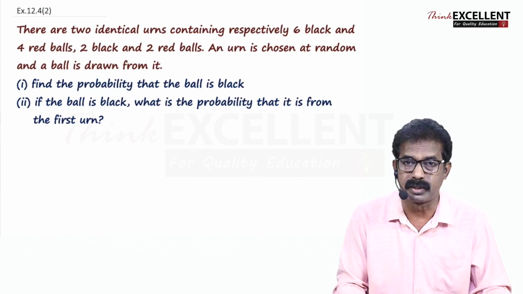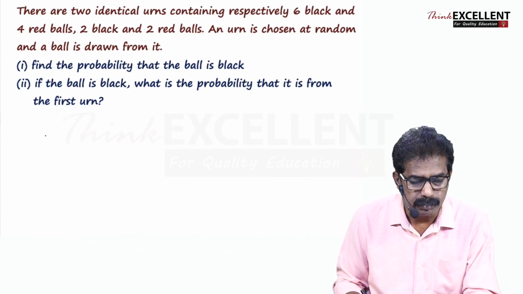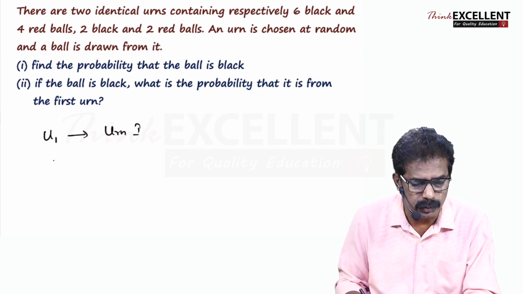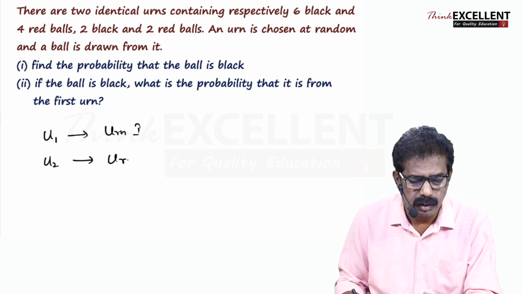Listen, this is a 5-mark question. There are two identical urns. So I'm taking urns U1, U2. If it is a bag, you write B1, B2, B3 like that. Here there are two urns, 1 and 2.